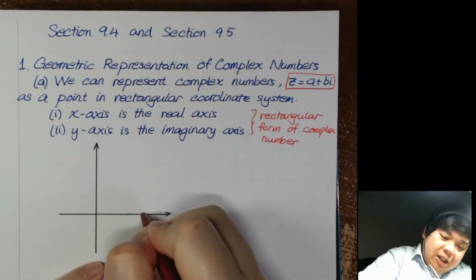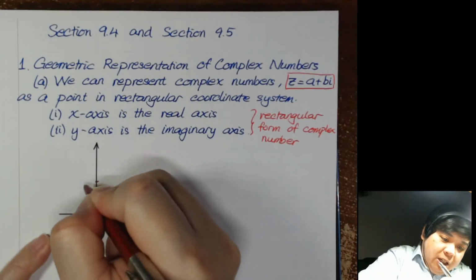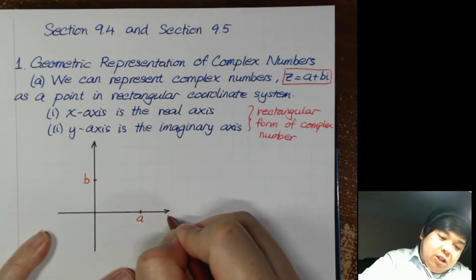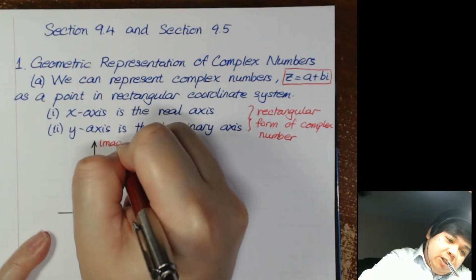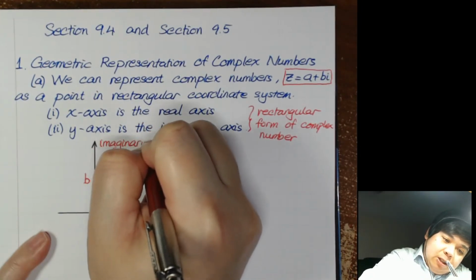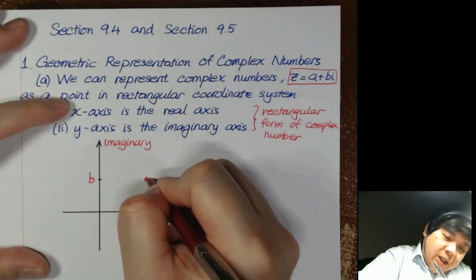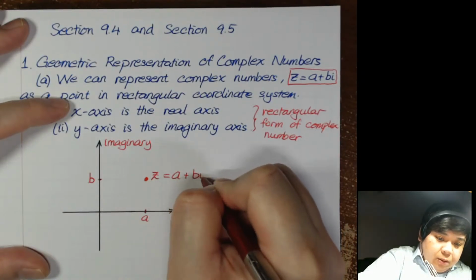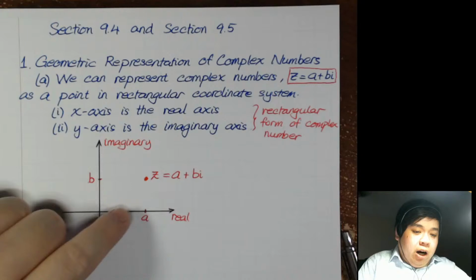So a is on the real axis and b is on the imaginary axis. So this is the real axis, this is imaginary. So the point here is z equal to a plus bi. So we can represent a complex number that way.